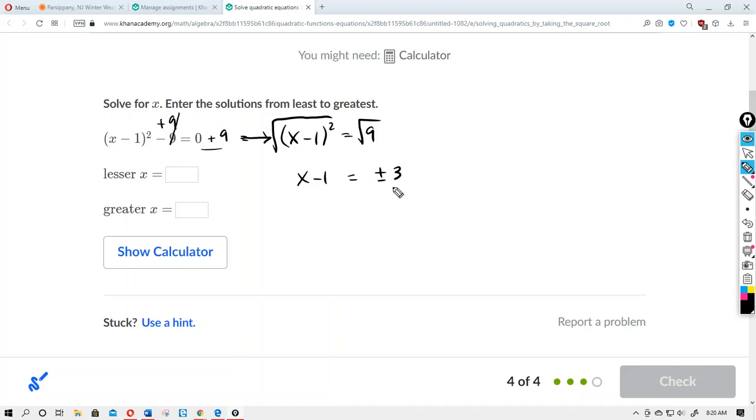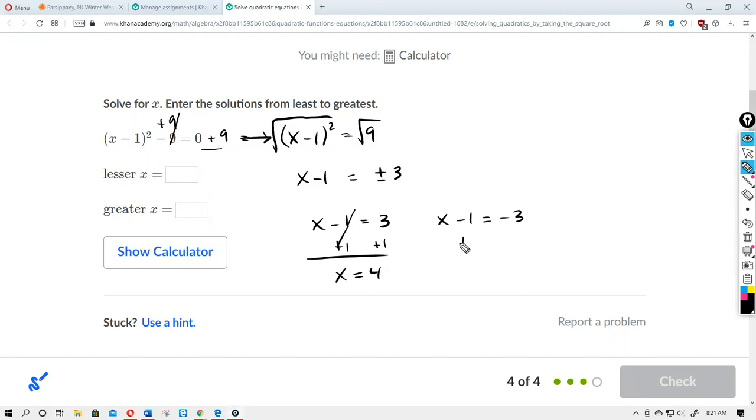Now we have two equations because it's plus or minus 3. So x minus 1 equals positive 3. X minus 1 equals negative 3. Adding 1 to both, the 1's cancel.